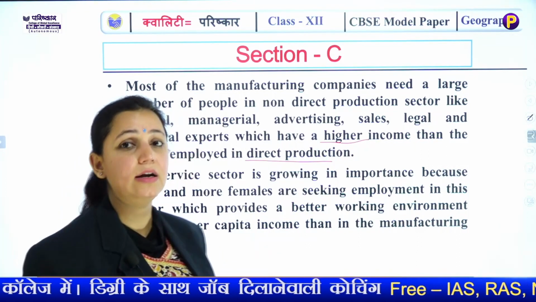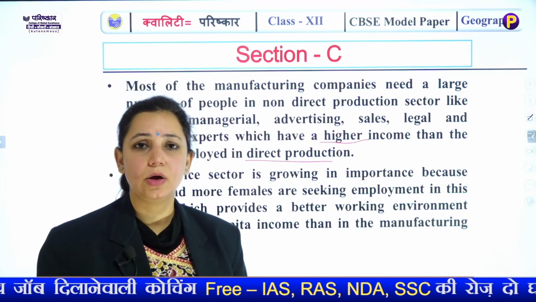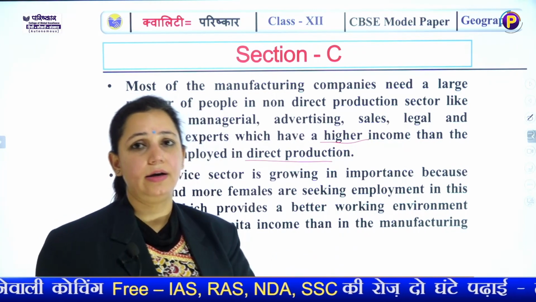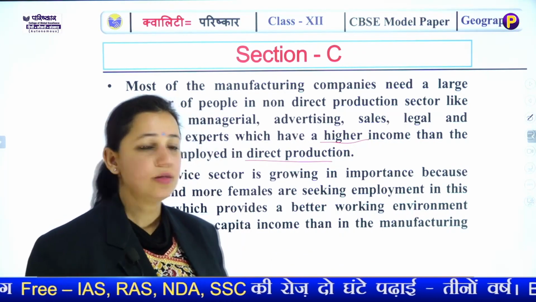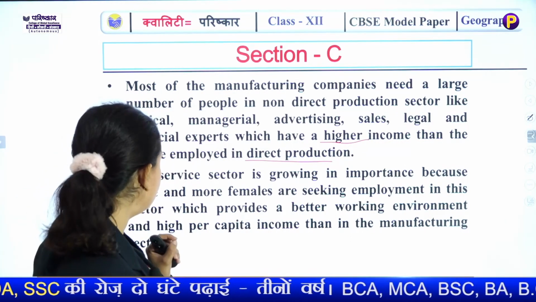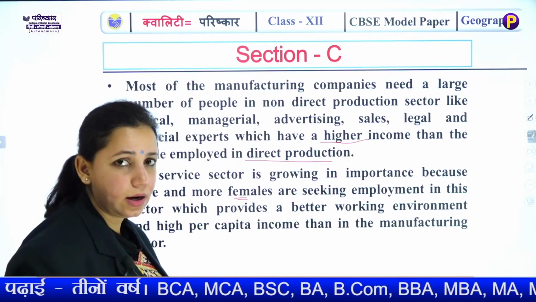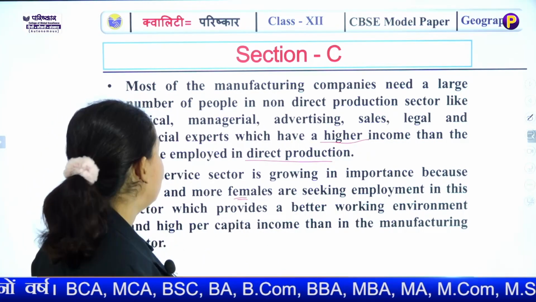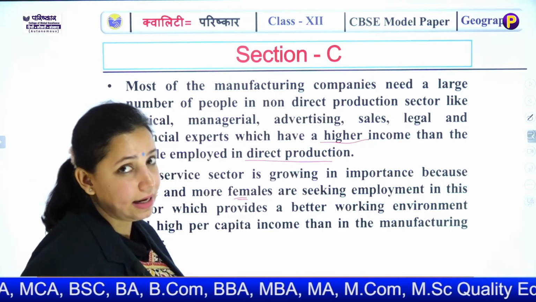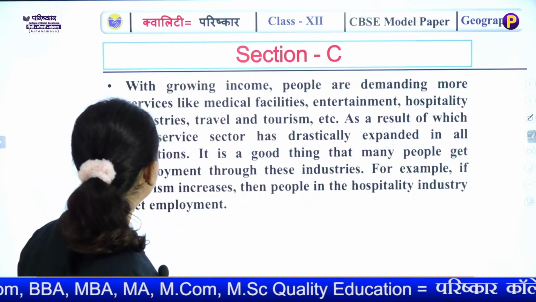So this is again a disadvantage of the manufacturing sector, and because of this people are now migrating from manufacturing to the service sector. The service sector is growing in importance because it provides better work conditions for females, high per capita income and more growth opportunities.